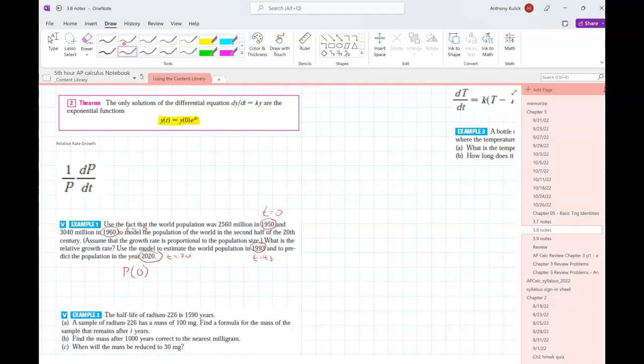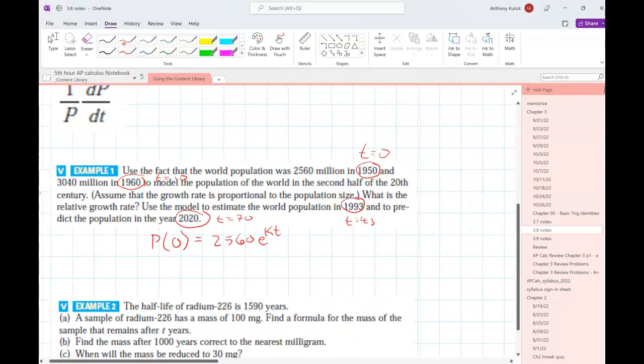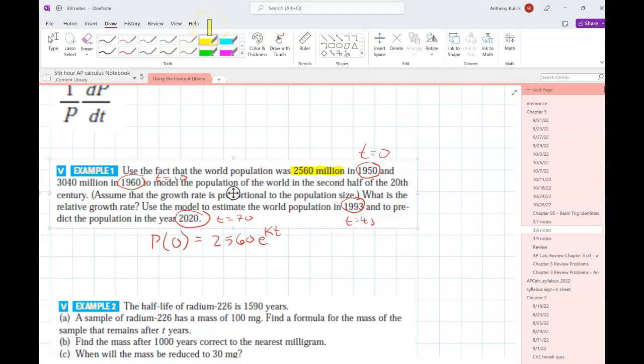So I'm going to say P of 0 is equal to 2,560 e to the kt. That's just using that our population was 2,560 million in 1950, which is time 0.